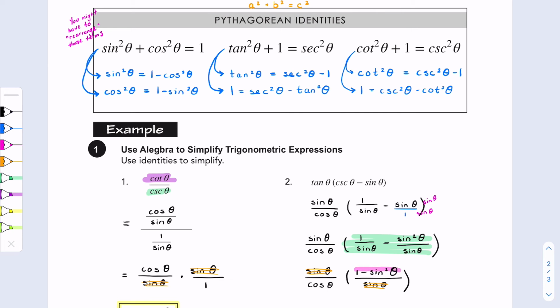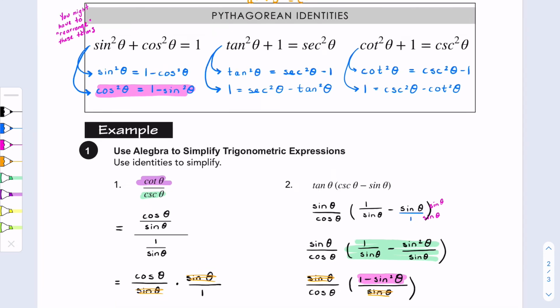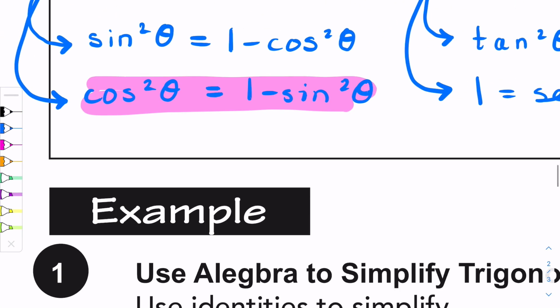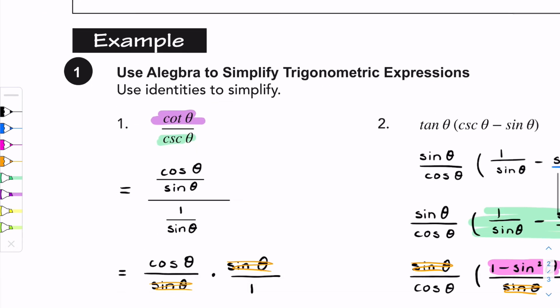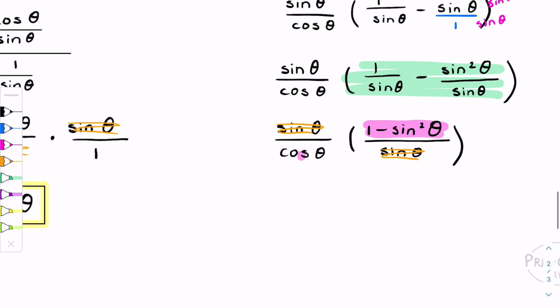We reworked 1 minus sine squared, and we set it equal to cosine squared. So notice this is what we're dealing with: 1 minus sine squared. I'm going to replace that with cosine squared. And the reason why it benefits me is because my denominator is also cosine. So that leaves me with cosine squared divided by cosine.